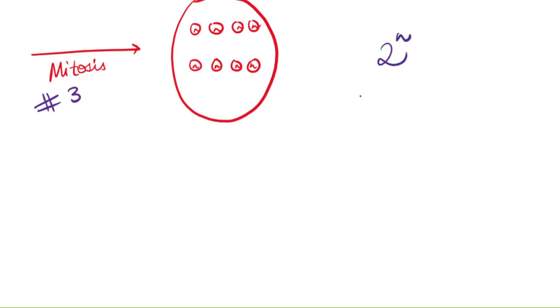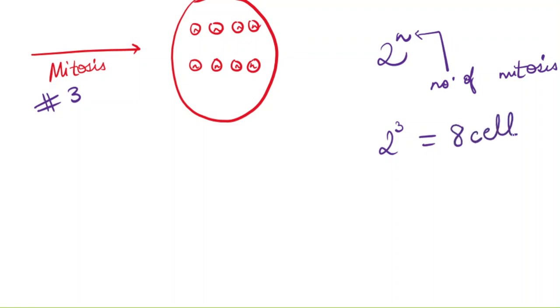So it is 2 raised to n, where n stands for the number of mitosis. Here mitosis has occurred 3 times. So 2 into 2 into 2, 3 times, then you get 8 cells. Now here you can say 8 nuclei.